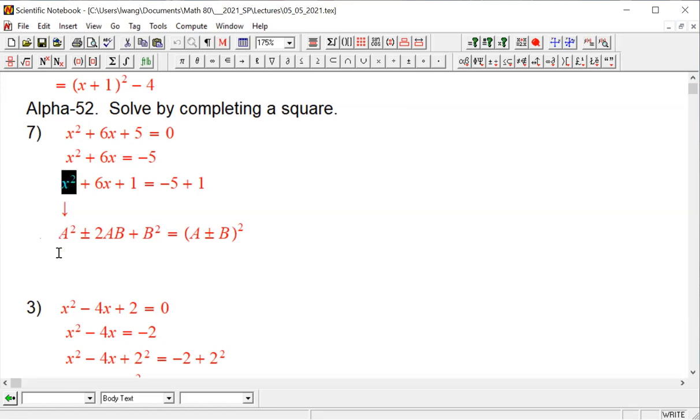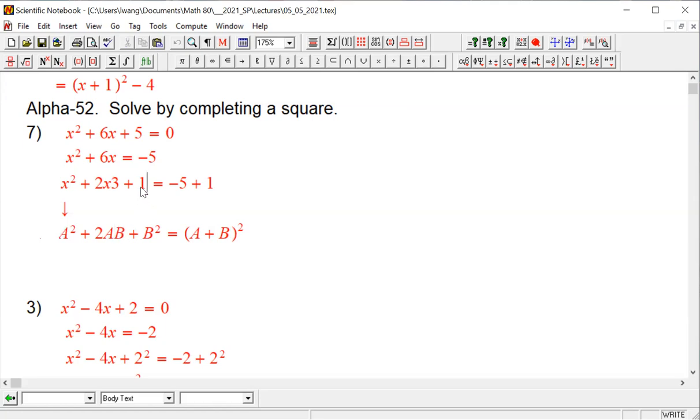There's a plus here, so this is going to be a plus. Then 2ab: you know a is x, so 6 can be written as 2 times x times 3, isn't it? So 2 matches 2, x matches a because x is a, and 3 matches b. Do you guys see that?